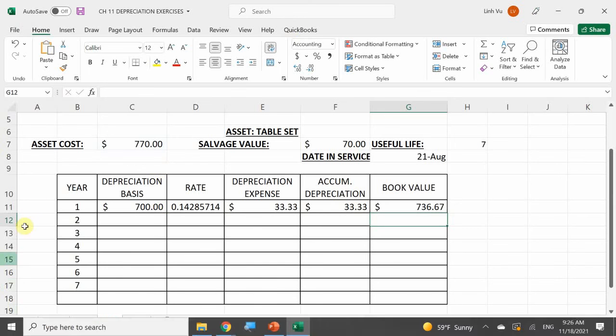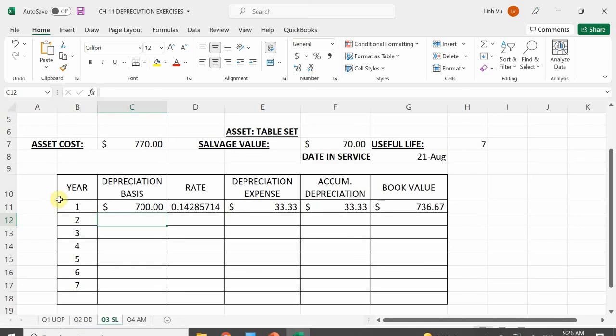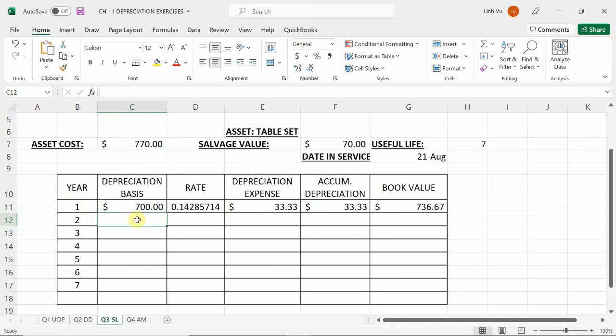So then, what's my depreciation basis for year 2? The same. It's going to be the same, right? Because in this case, it's always going to be asset cost minus salvage value, 770 minus 70.